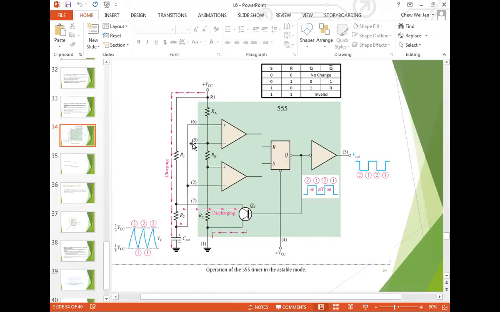At first, the upper one was 2/3 VCC, because here was 2/3 VCC. Now I changed it already, so the upper one is V control, and that part is quite clear. But why is the other one half V control?